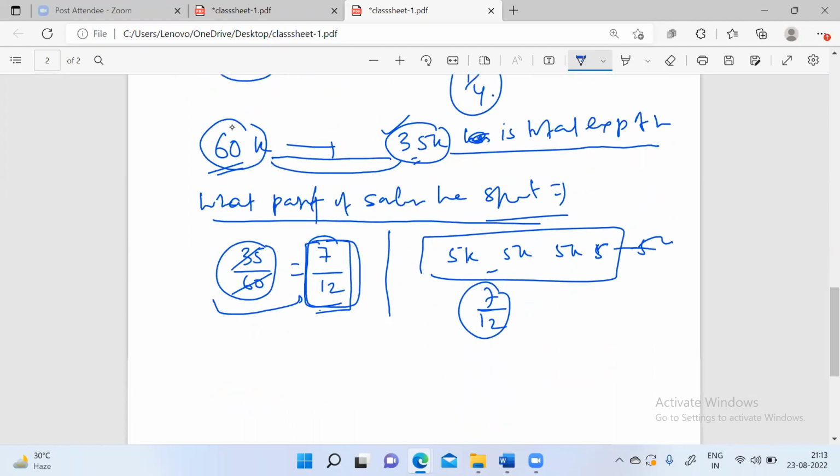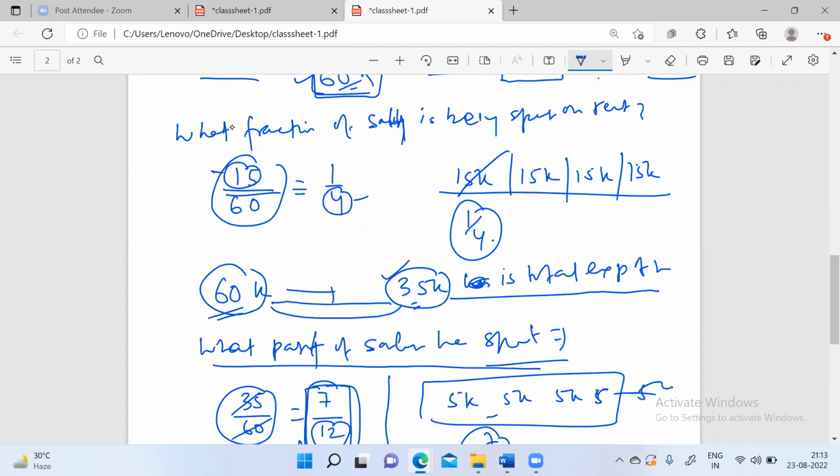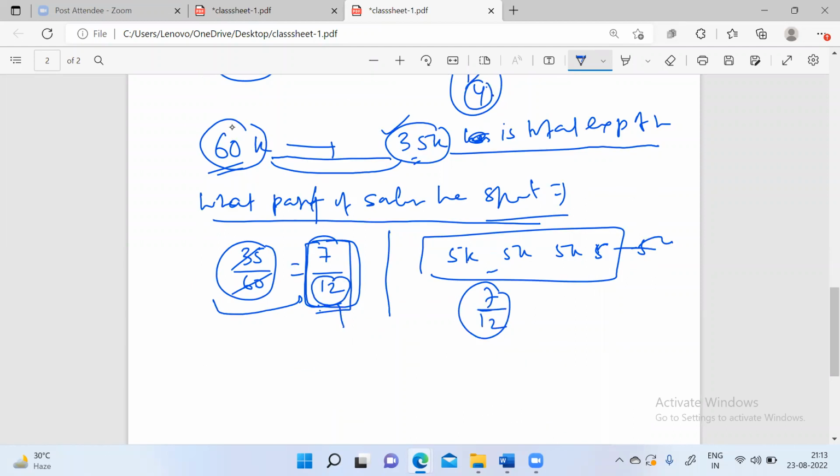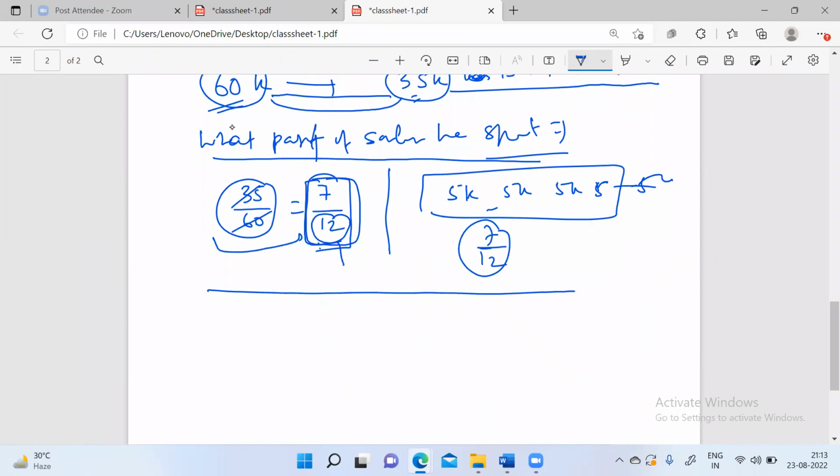So this is the fractional representation, and the total has been divided into 12 parts here. Earlier it was divided into 4 parts only. So basically I want you to understand that one thing can be divided into any number of parts as per the situation requires. Like if I had asked that 37,000 is being spent, what part of the salary is being spent this month?